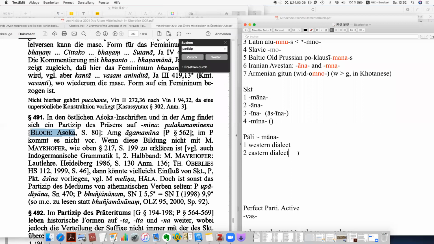Okay, two different answers. Is there any other information? Yes, Pali is a Western dialect. Pali is a typical Western dialect.